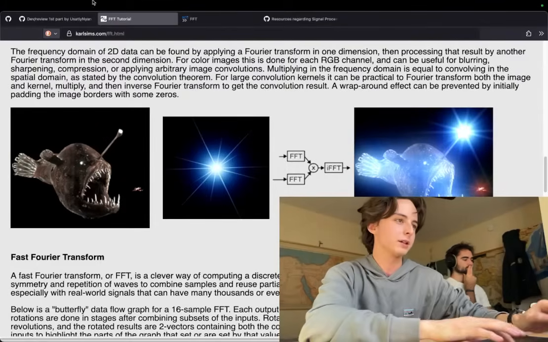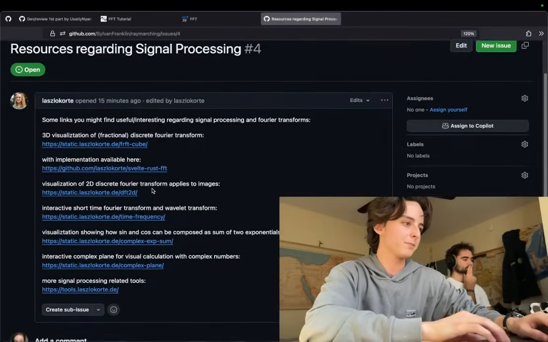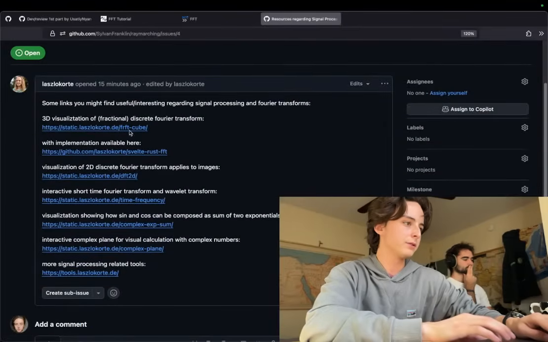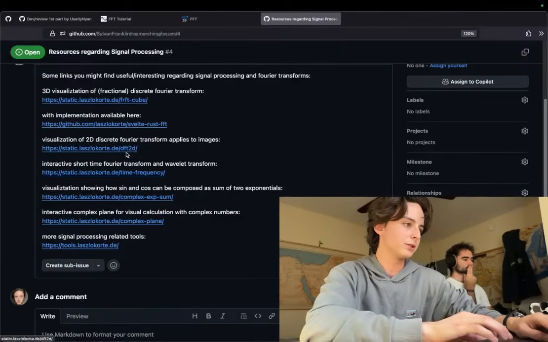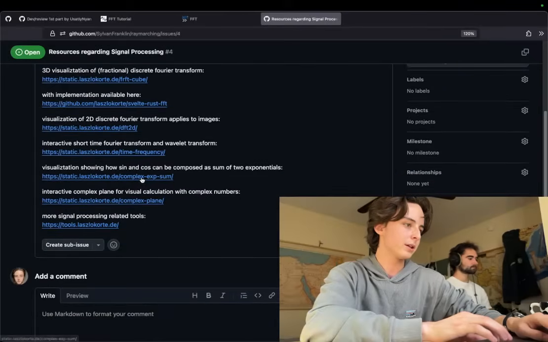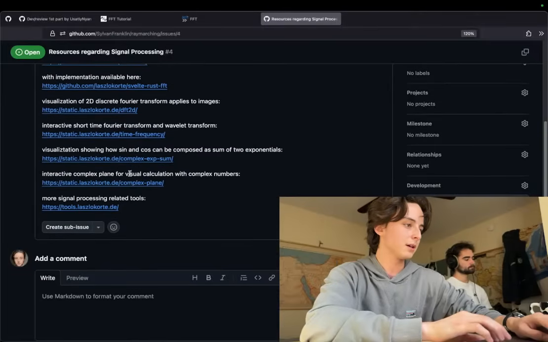I want to look at those links that were sent in the PR. 3D visualization of discrete Fourier transform. Visualization of 2D discrete Fourier transform applied to images. Okay, it's good to have. Time visualization showing how sine and cosine can be composed as a sum of two exponentials. Interactive complex plane for visual calculation with complex numbers.